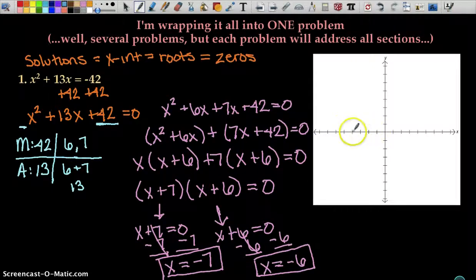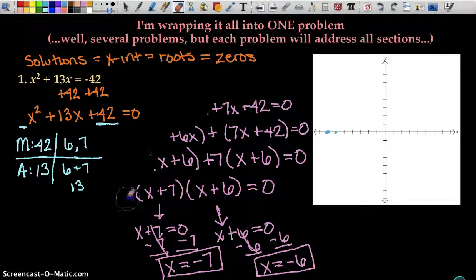So 1, 2, 3, 4, 5, 6. So here and here will be where it goes through our axis. Okay? Now, it's really close together, so that means our vertex is going to be somewhere in here. So I'm going to go ahead and get rid of all of this stuff.